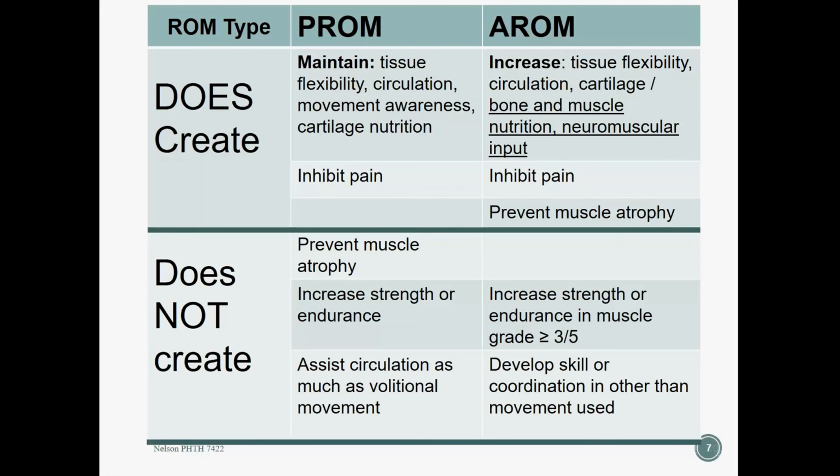So for a patient who is not able to move against gravity, active range of motion will increase strength. If it's already able to move against gravity, active range of motion does not increase strength. And active range of motion does not develop skill or coordination. It's really not a functional tool. It's more for that nutritional benefit.